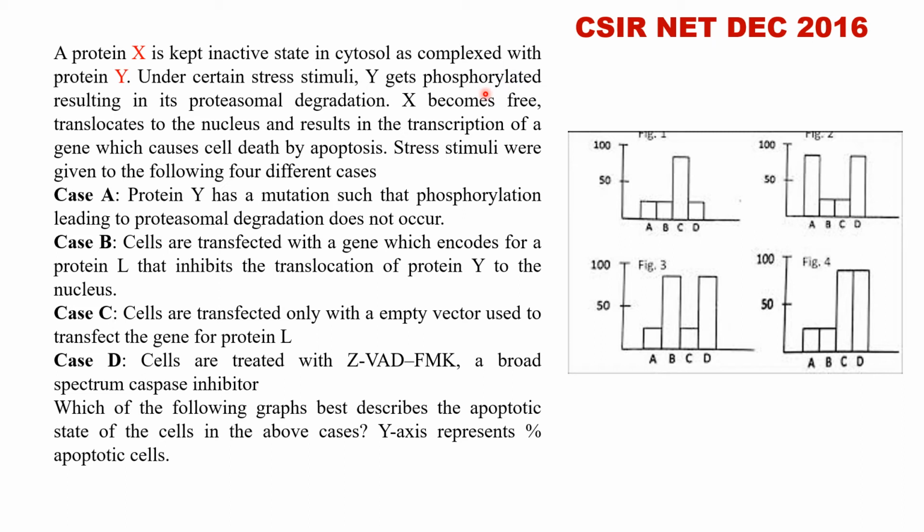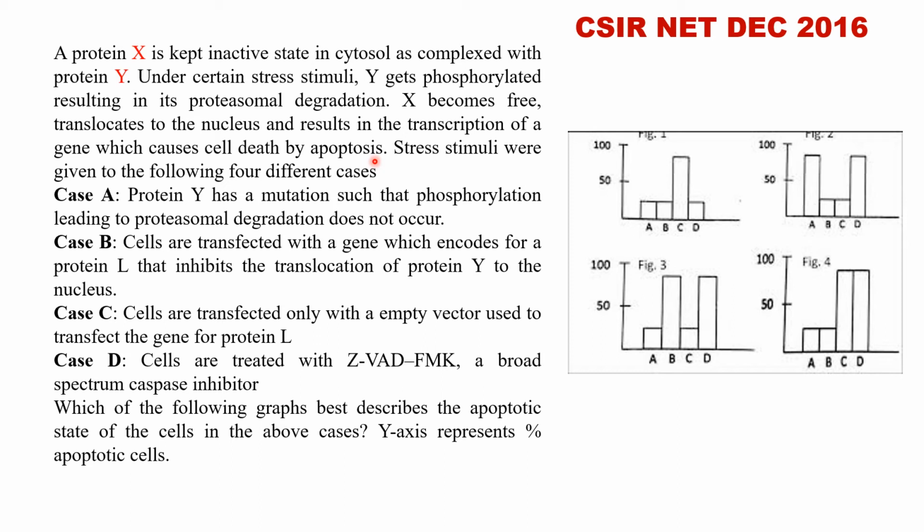That will lead to the degradation of this protein Y. Then protein X will become free, and this X can go inside the nucleus, and that will lead to the transcription of some genes, and that will cause cell death by apoptosis.